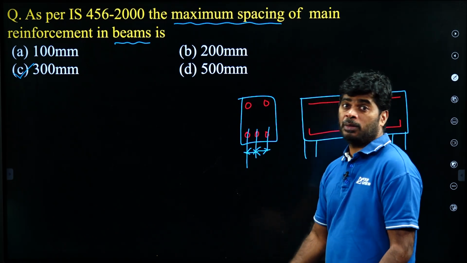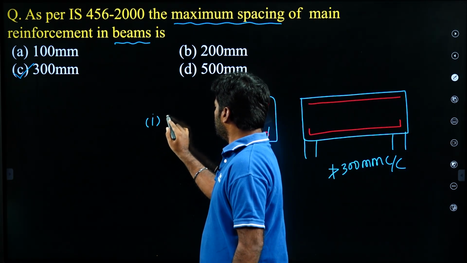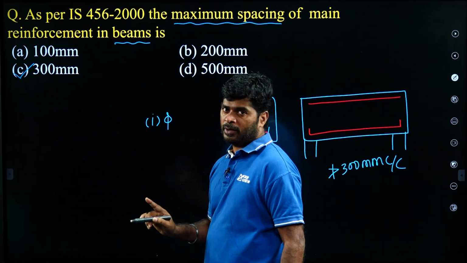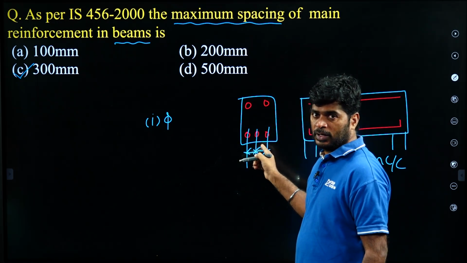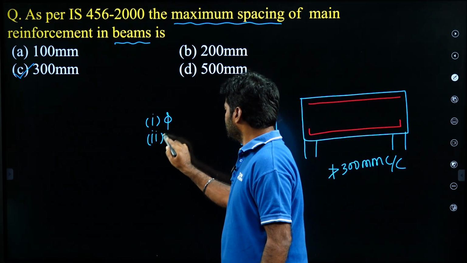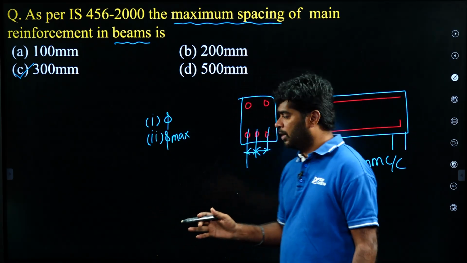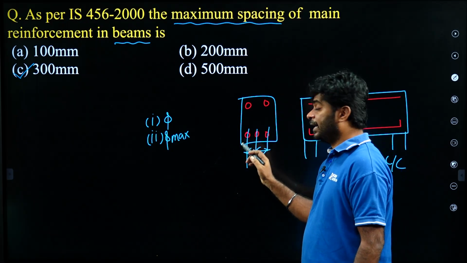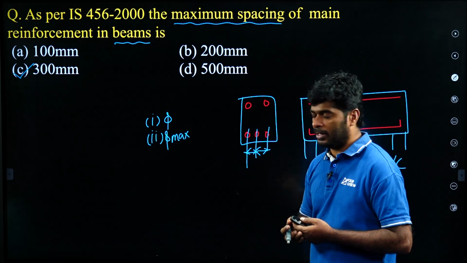Then what about minimum spacing? Minimum spacing for main reinforcement in beams is based on three conditions. One is the diameter of the bar, if you design the same diameter like 20 mm, 20 mm, 20 mm. Second is the maximum diameter of the bar, suppose you design a combination of 20 mm, 20 mm, 16 mm, then you can take the gap between two bars as the maximum diameter of the bar.